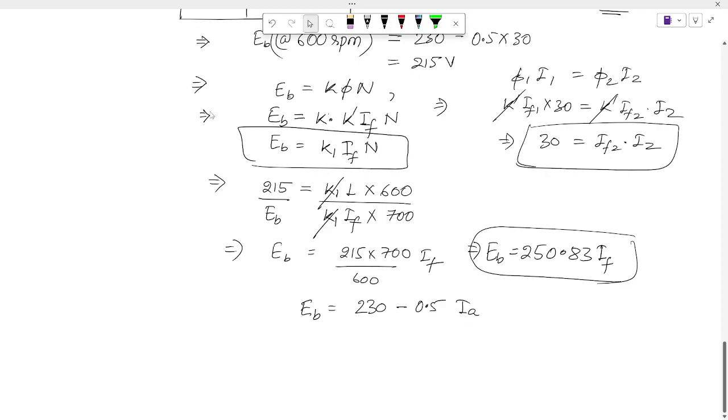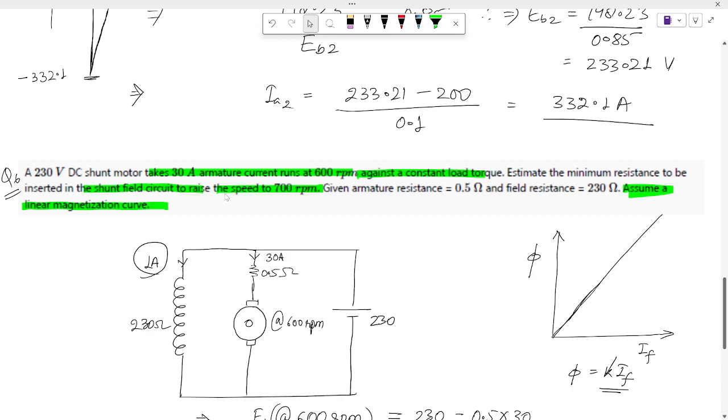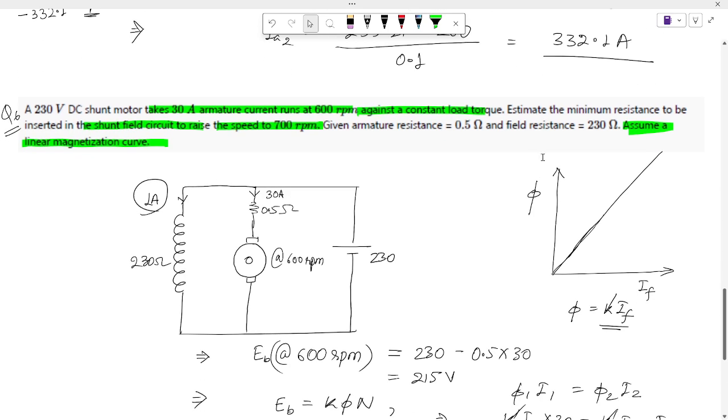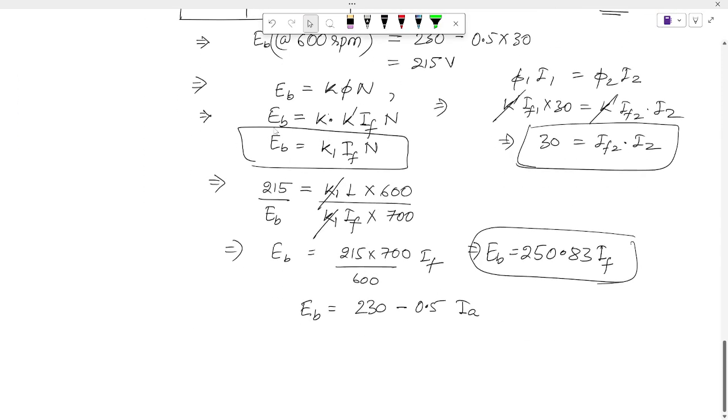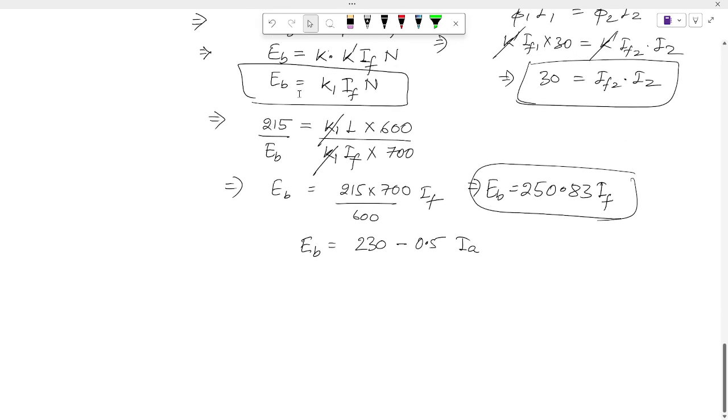What did they ask in the question? I forgot. Estimate minimum resistance to be inserted in the shunt field to raise the speed to 700 rpm. Okay, that means we need to find out IF. So EB I will write as 250.83 IF is equals to 230 minus 0.5 IA. IA can be written as 30 by IF2.